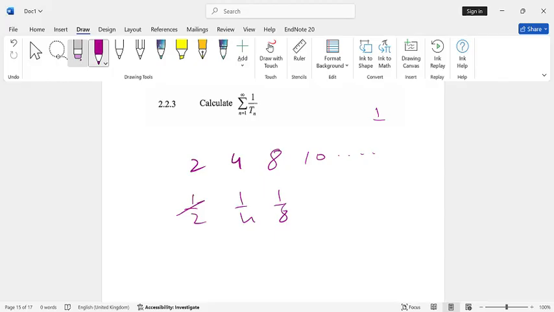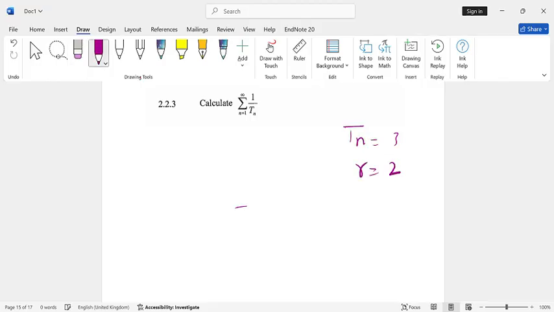Okay, firstly the ratio before was 2, because we have the formula like that. Now we have the formula 1 by Tn, so our ratio will be 1 by r.